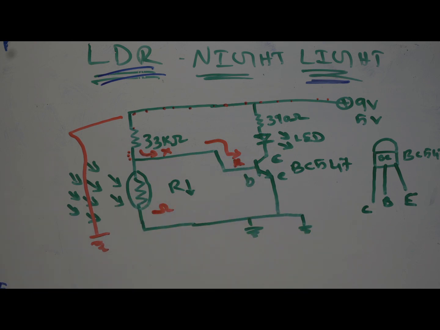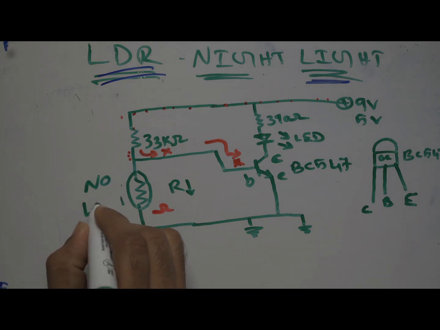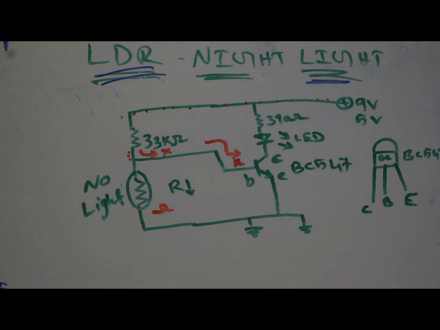And when there is less light, what happens? When there is no light, or when there is darkness, this will be in the order of mega ohms.